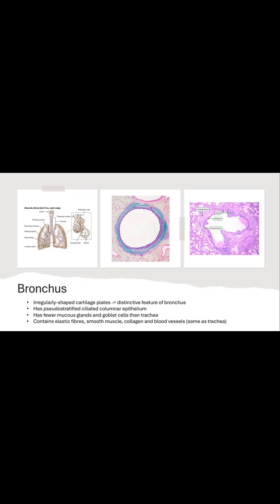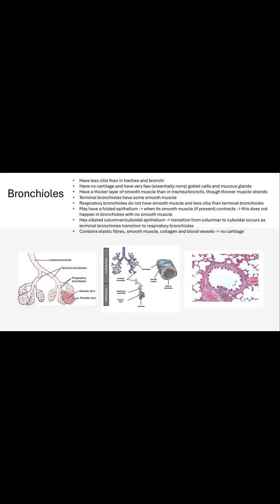So the elastic fibers and collagen are the connective tissue. The smooth muscle is present around the lumen here as well, and the blood vessels, same as in the trachea, are present throughout. They won't be shown in every photomicrograph because these are cross sections and you may not receive a blood vessel in the image provided, but we need to be aware that they are present.